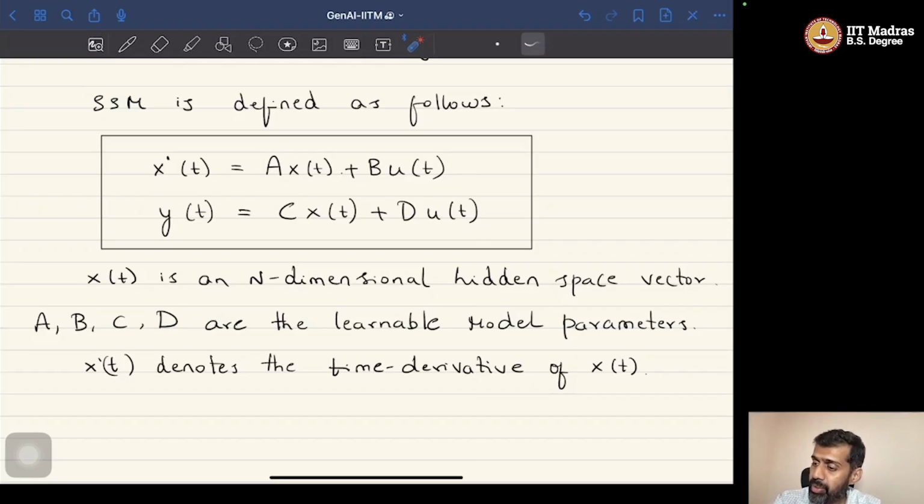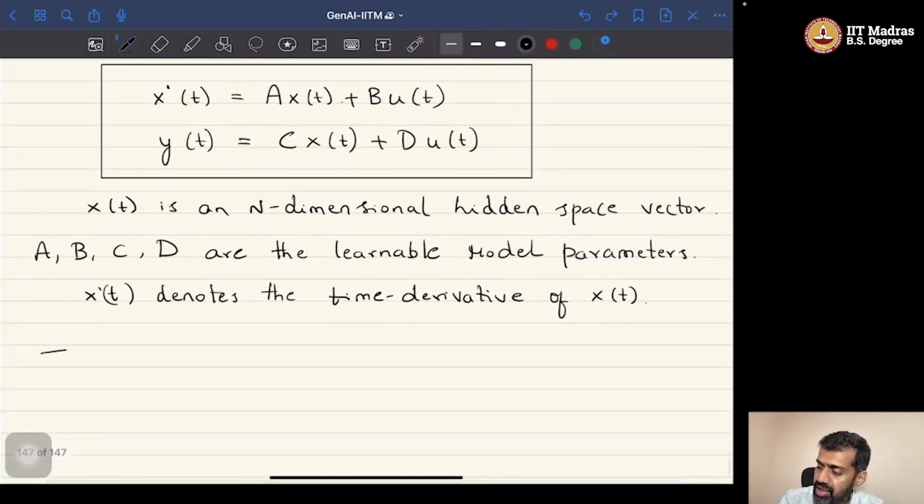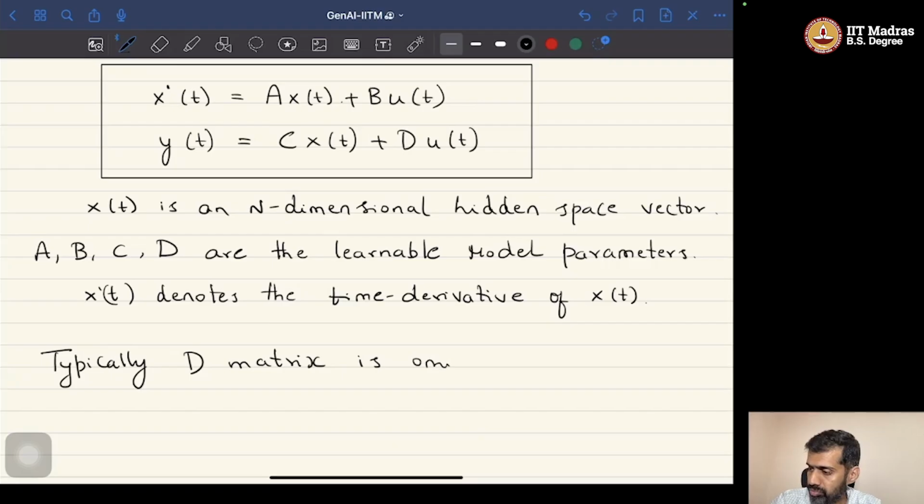In the literature, typically this D is not considered. Let me just write it. Typically the D vector or D matrix is omitted since it can be realized via a learnable skip connection.